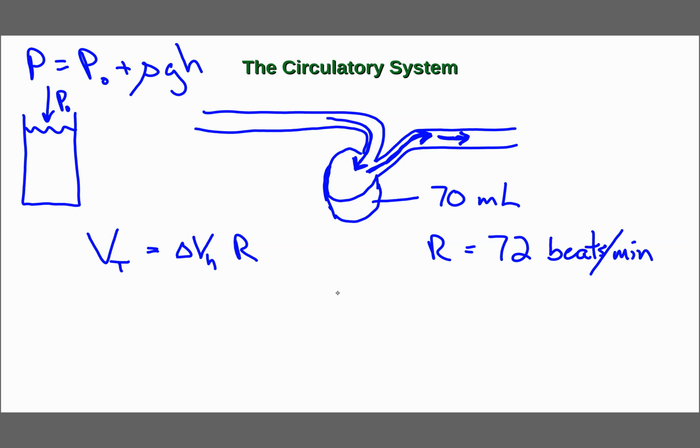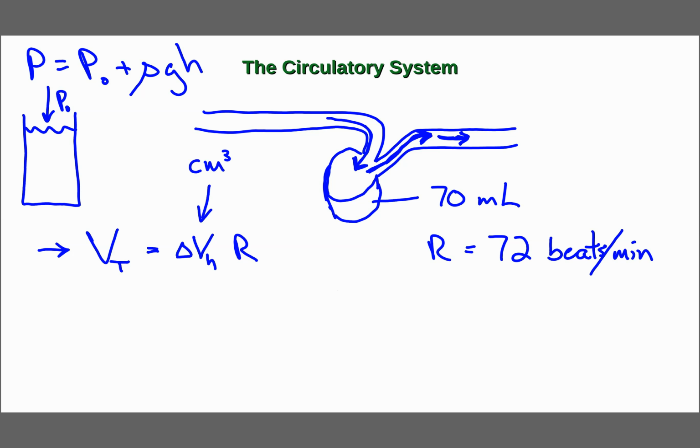And then what we'll get out is this V over t, and it's a volume per unit time. So you can see our units here, our volume here, okay? So a milliliter is a unit of volume. And I believe it's a cubic centimeter.